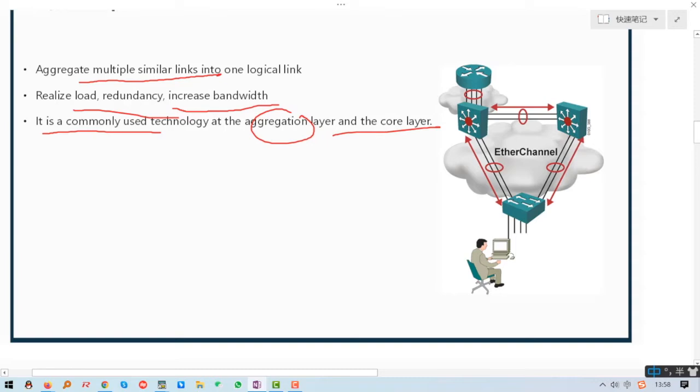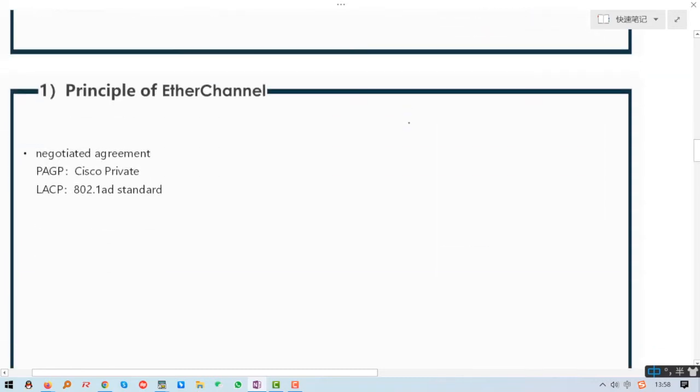Also, EtherChannel has two working modes, PAGP mode and LACP mode. PAGP mode belongs to Cisco's private protocol, and LACP belongs to the public standards.